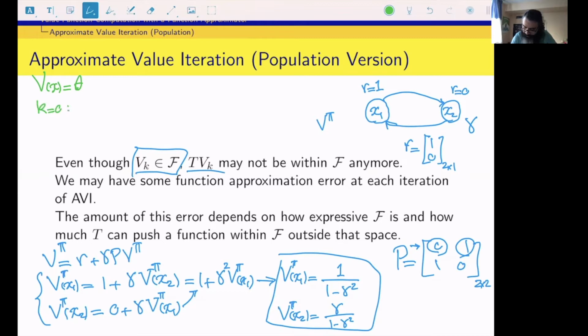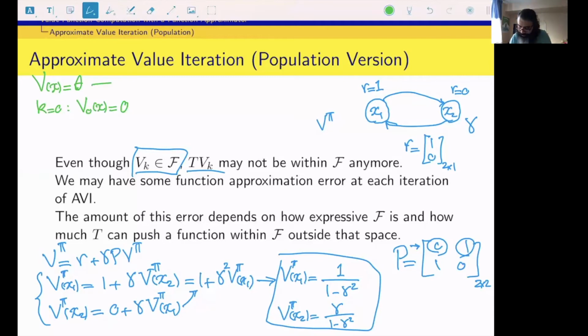So we start from v0, and suppose we choose theta to be equal to 0. So this value function v0 belongs to that function space.